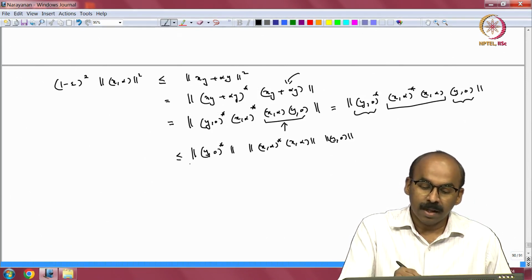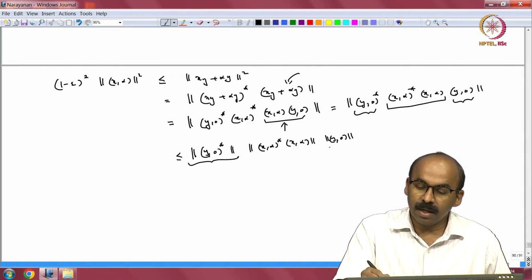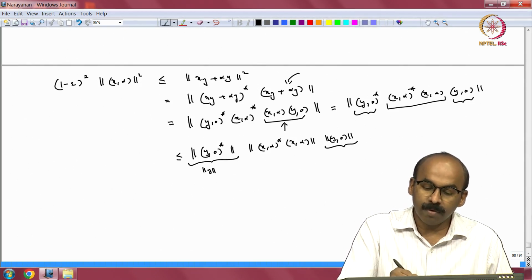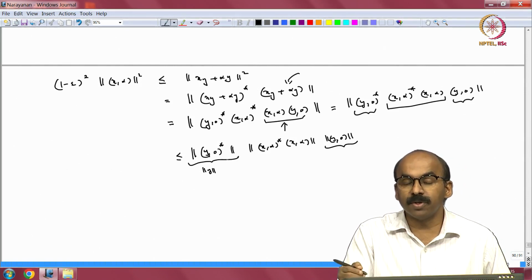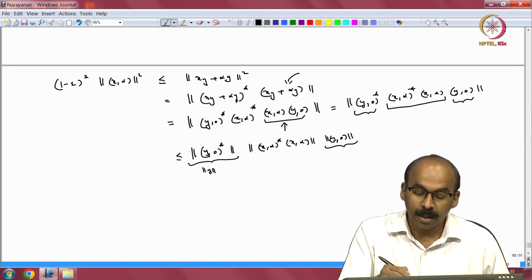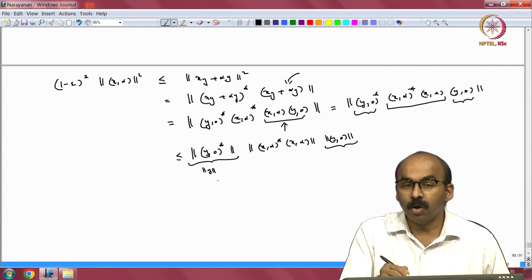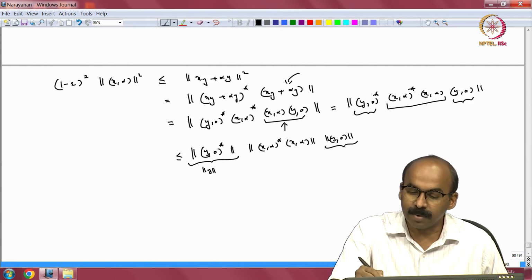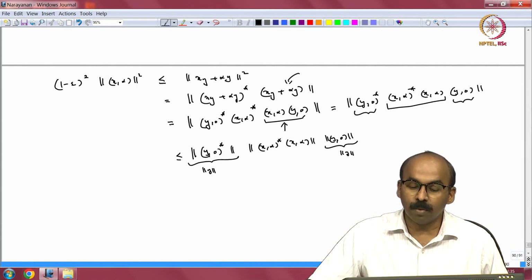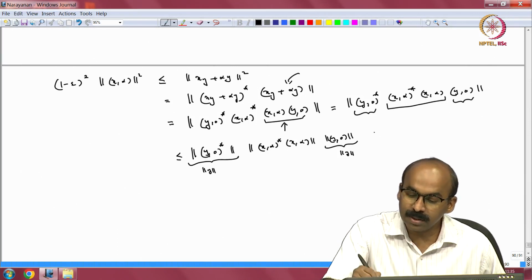Of course, these two are the same because they are equal to norm y. Remember, once you have the second coordinate to be 0, you are in A and it agrees with whatever norm is there on A. So, I will have norm y star, and norm y star is norm y since A is a C-star algebra. So, this is also norm y, and norm y is equal to 1. So, norm y squared is 1. So, this is just less than or equal to the norm of (x, alpha) star (x, alpha).